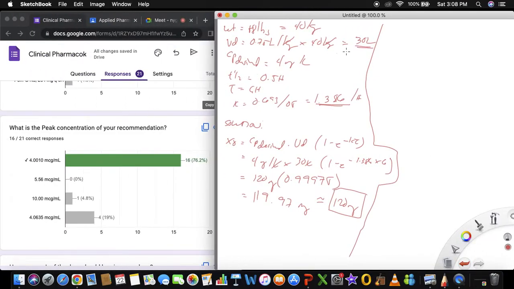What we'll do is transpose the formula. Since we changed the dose, we used 120 instead of 119.97. Okay?